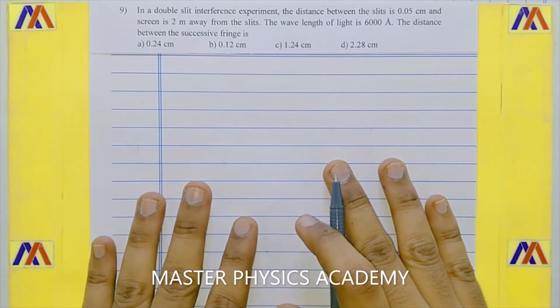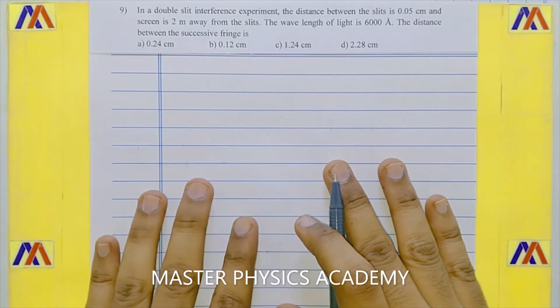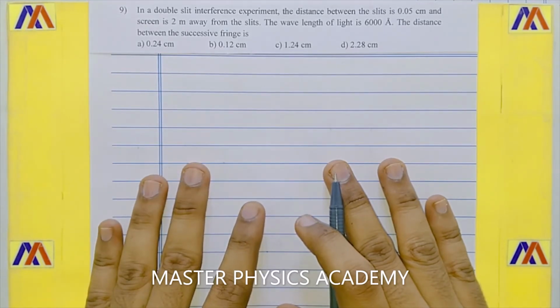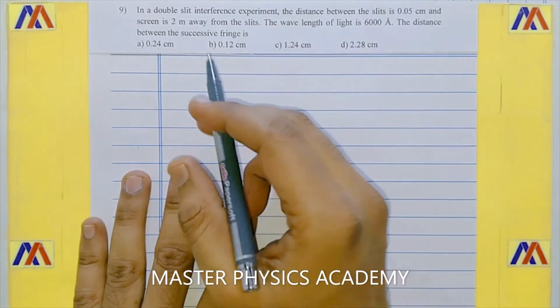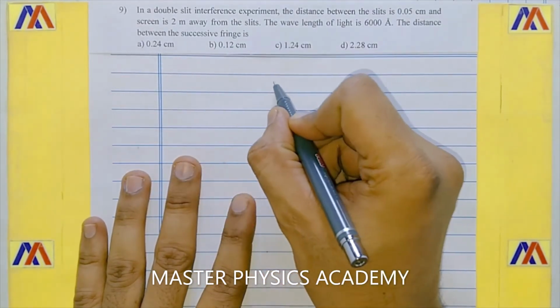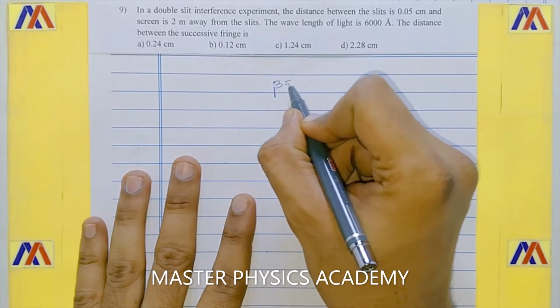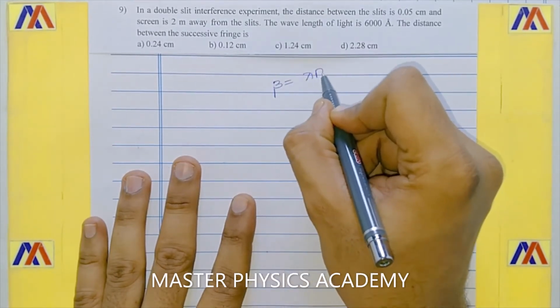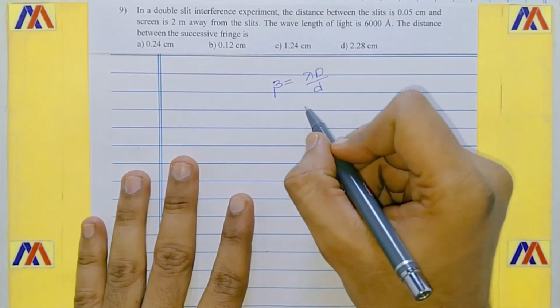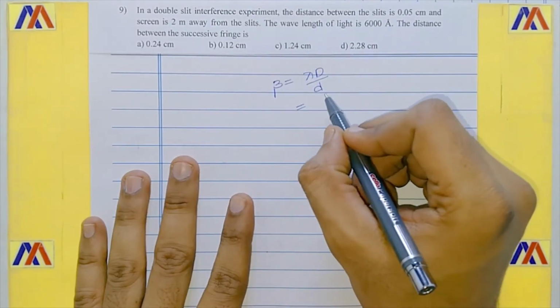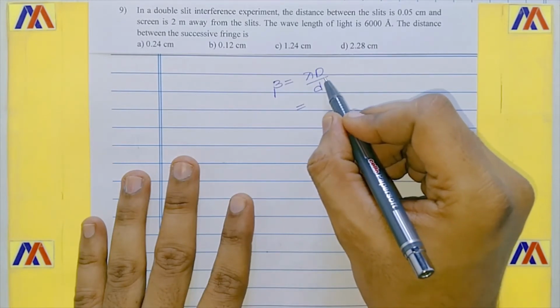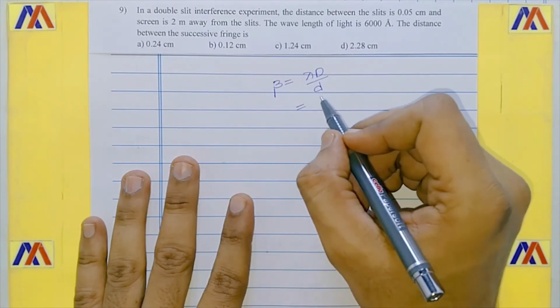In a double slit interference experiment, the distance between the slits is 0.05 centimeter and the screen is 2 meters away from the slits. The wavelength of light used is 6000 angstrom. The distance between the successive fringes? The distance between successive fringes is called fringe width, given by the expression lambda D divided by d, where capital D is the distance between the slit and the screen, and small d represents the distance of separation between the slits.